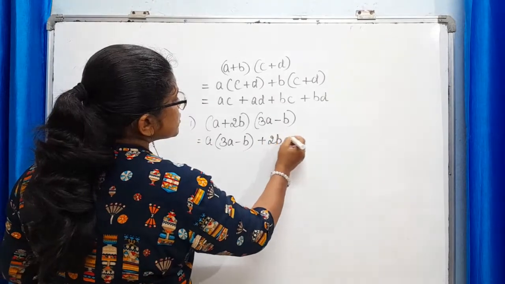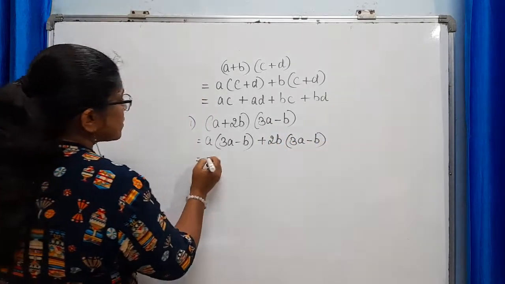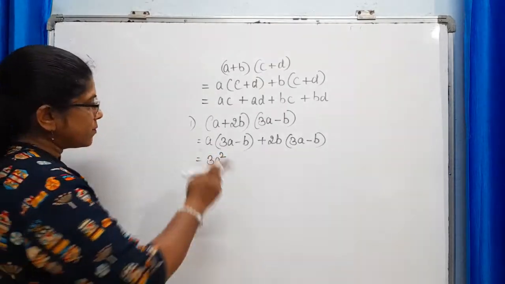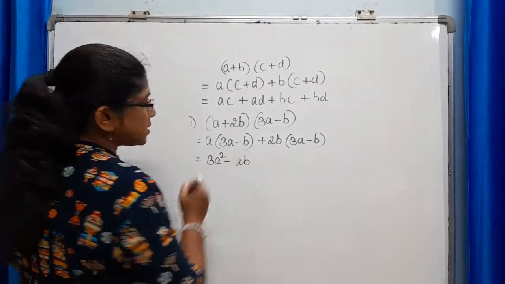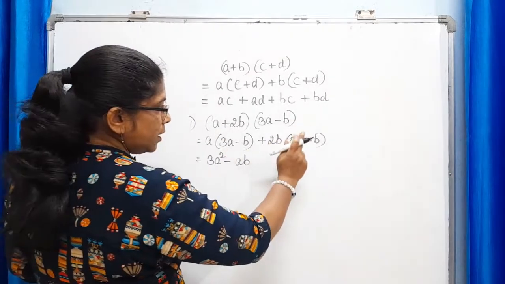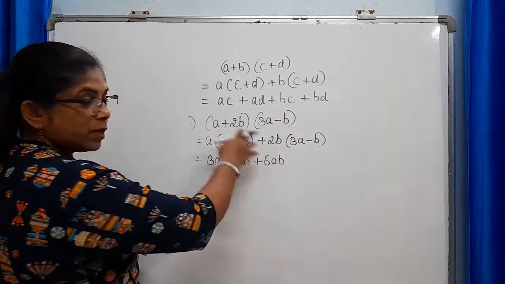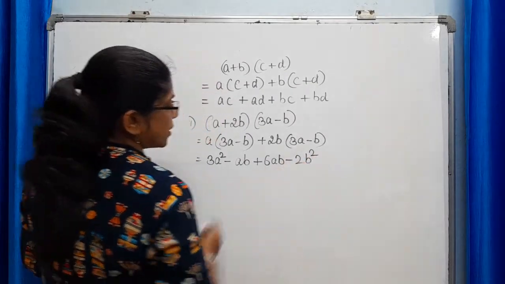Second term is 2b, let's multiply with 3a minus b. A into 3a is 3a square. A into minus b is minus ab. 2b into 3a is 6ab. 2b into minus b is minus 2b square.